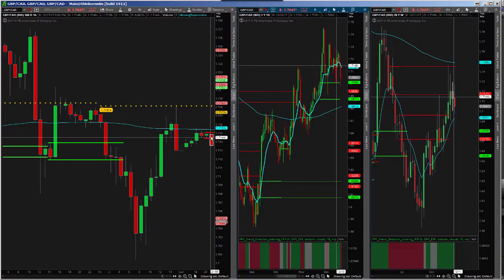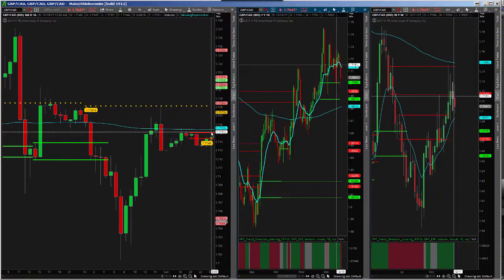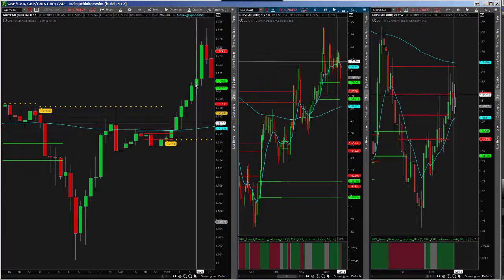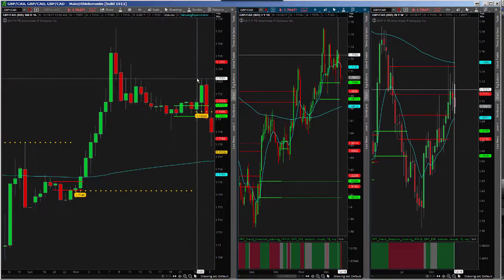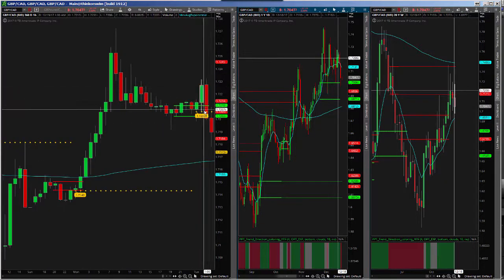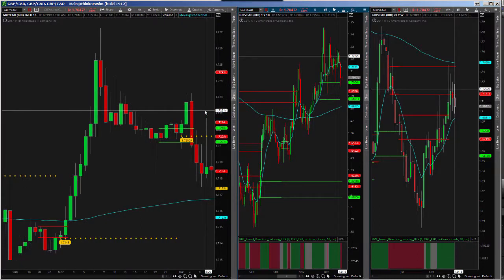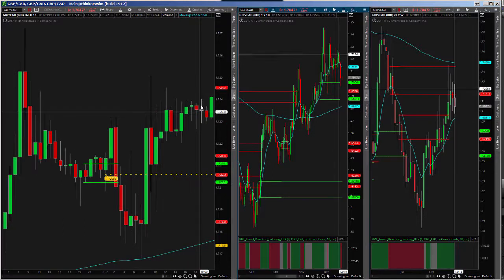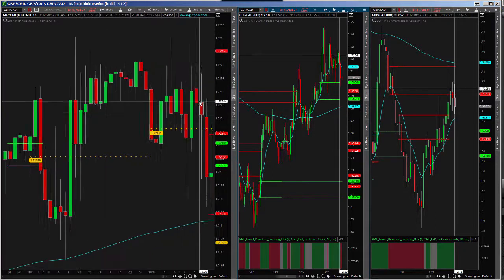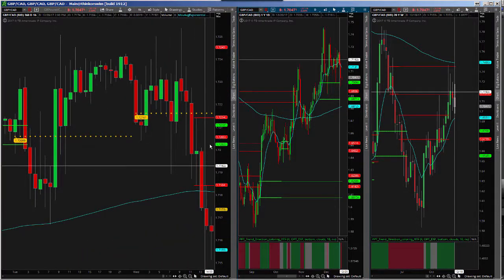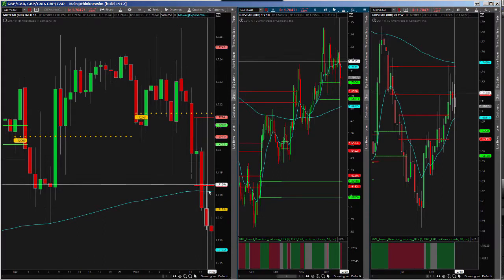Okay, I've got one right here, but it's not inside the weekly zone. Okay, I got an L24 inside of the zone here. There's 2 losses. Okay, this is inside the zone.